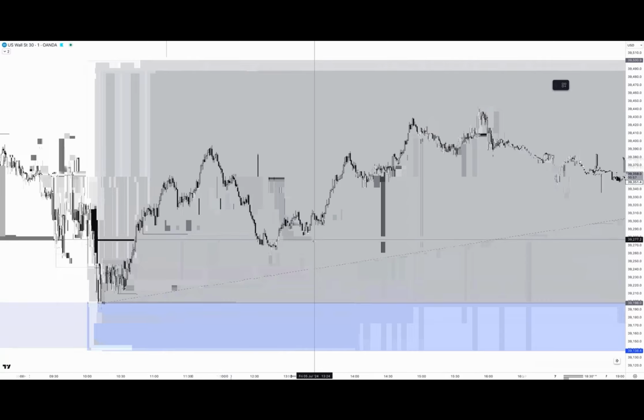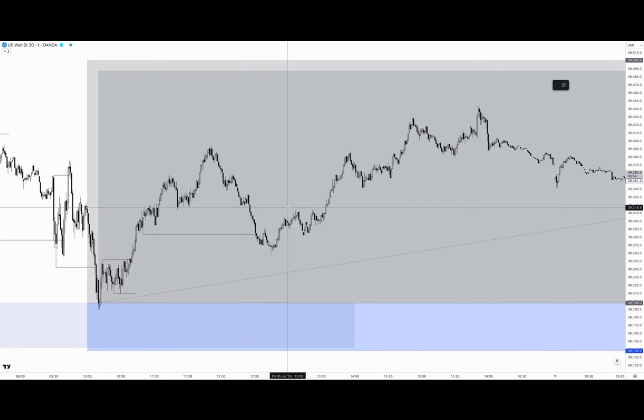Probably sneak in a little trade right here. Your BOS traps buyers, and then this being your liquidity block. Okay, so liquidity block, BOS to the upside, trapping buyers right here, entry, stops below the liquidity block, and then straight to the highs.